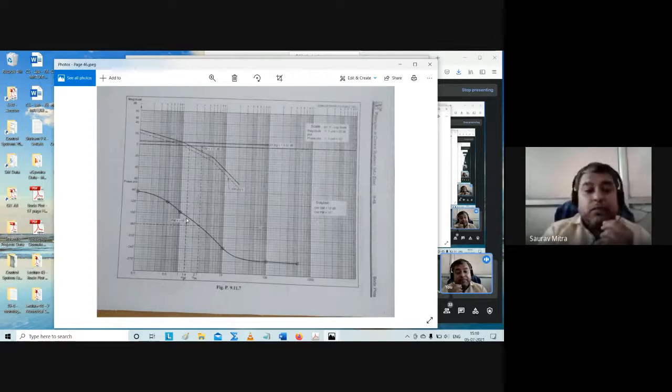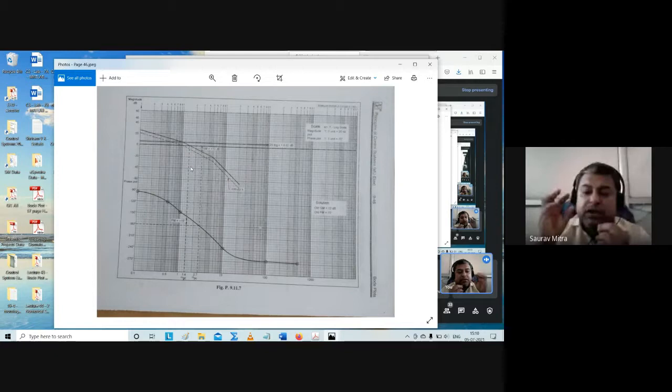Next step, we are supposed to check at which frequency the phase is crossing the minus 180-degree line. You find that frequency is 2.7 radian per second. So that 2.7 radian per second you have to push upward and check how much the gain is. So gain margin is found at phase crossover frequency and phase margin is found at gain crossover frequency.